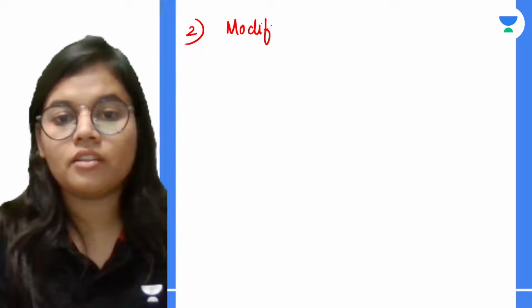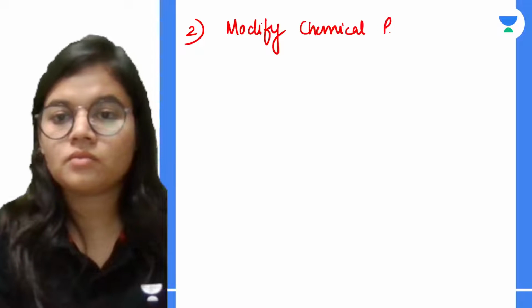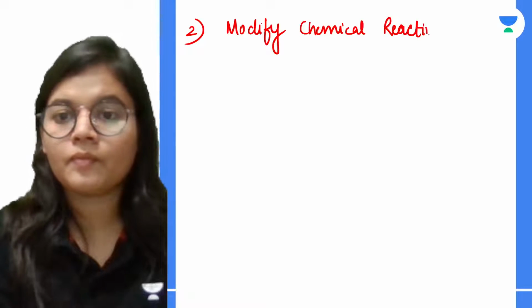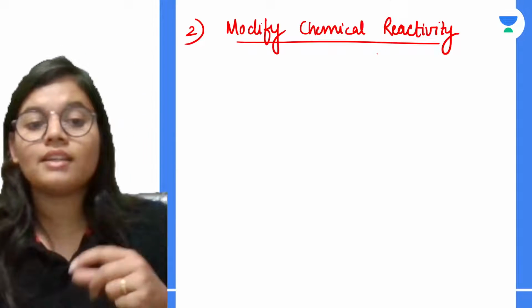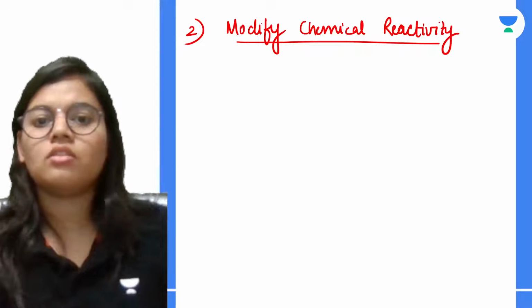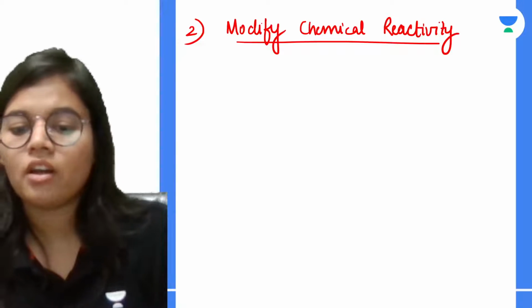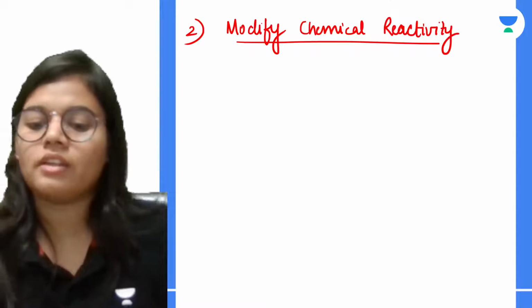Next is to modify chemical reactivity. Let us suppose an element is reacting very fast and we need the reaction to slow down a bit, or maybe it is reacting very slowly and we want to increase the reaction a bit.